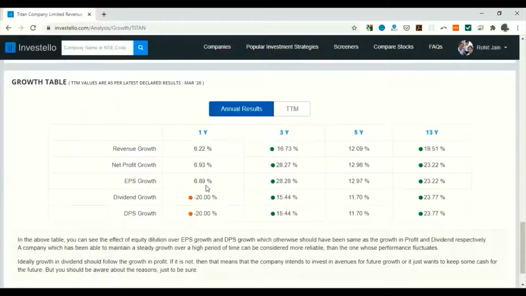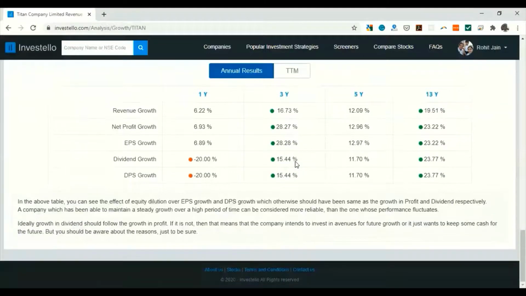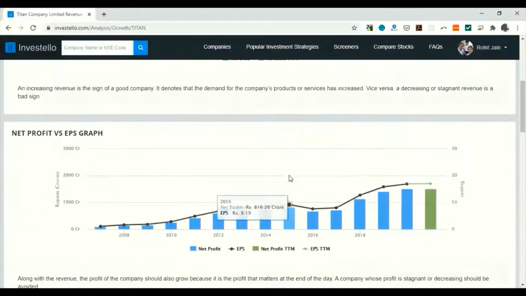In the past 1 year, the growth has slowed down a bit, but not so much. It is still growing, but in the past 1 year, it has grown only decently. But the past 3-year and past 13-year growths are good. So this is the growth analysis for Titan.